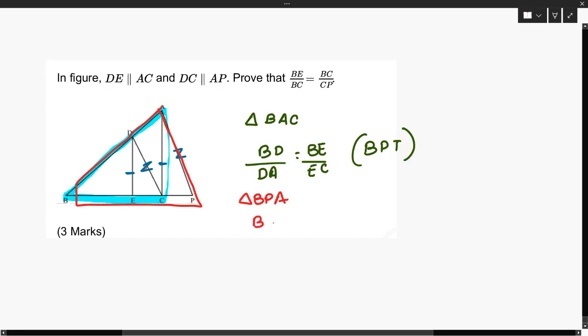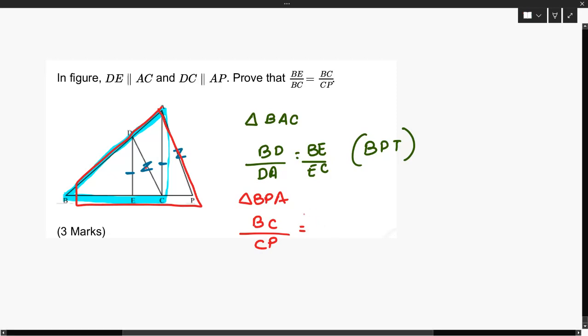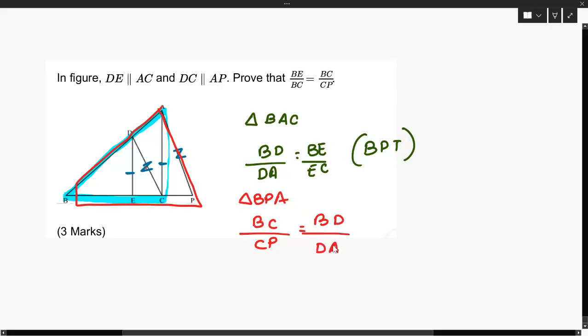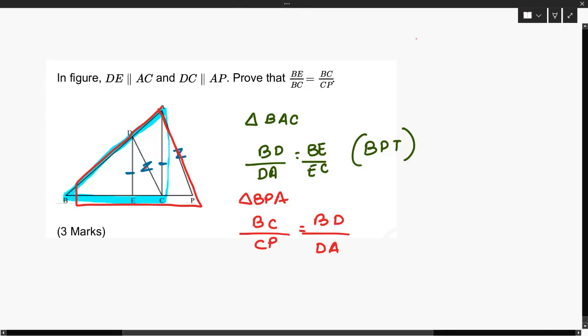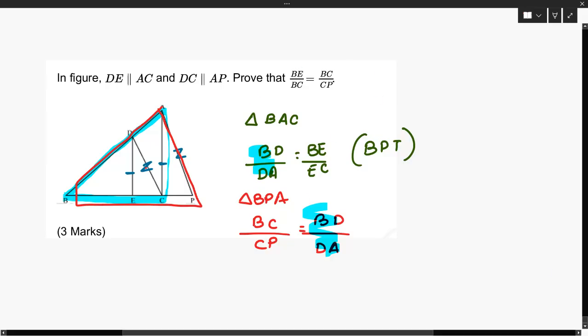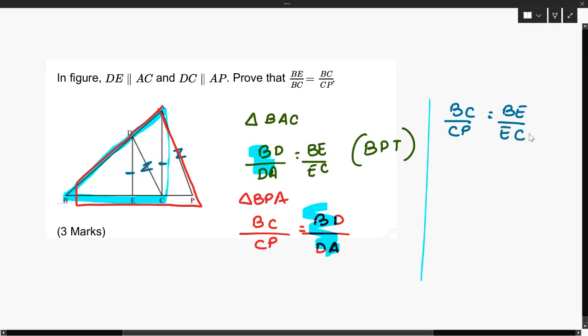BC upon CP is equal to BD upon DA. Correct? See, one side is the same, so the other side will also be equal. That means BC upon CP will also be equal to BE upon EC. This is clear. Any doubt?